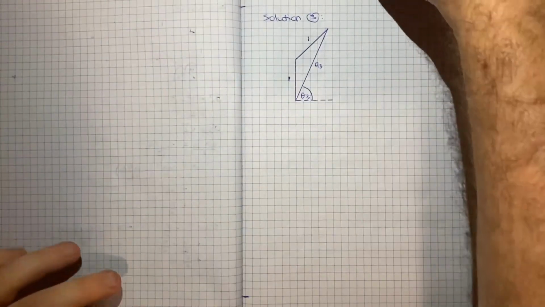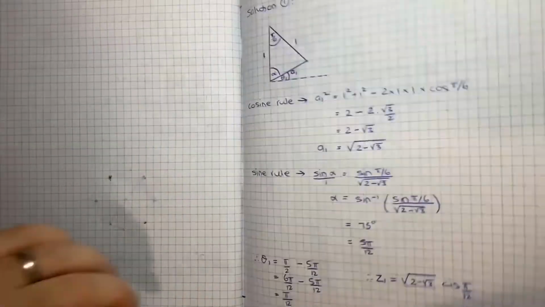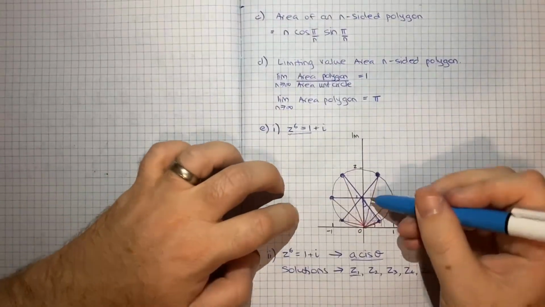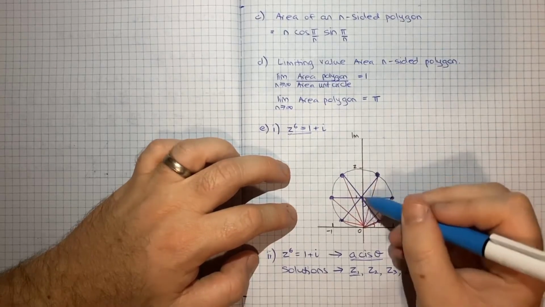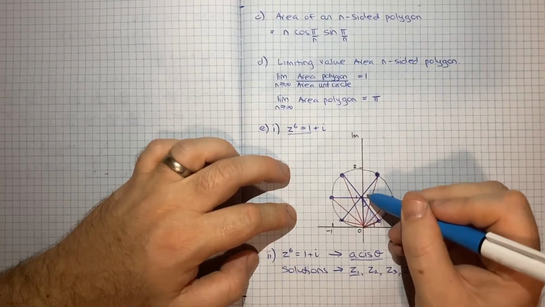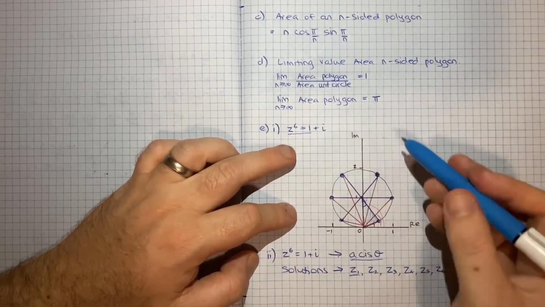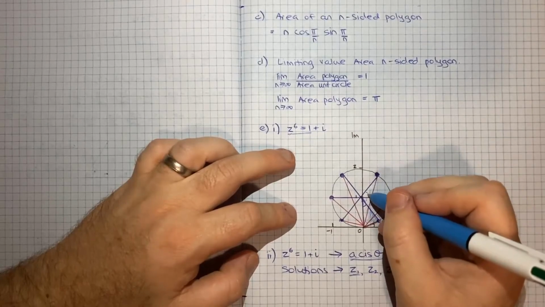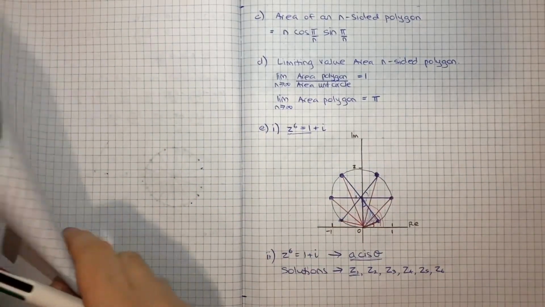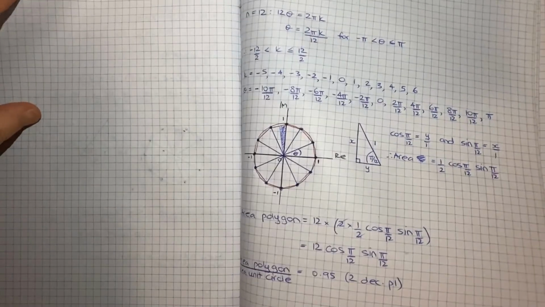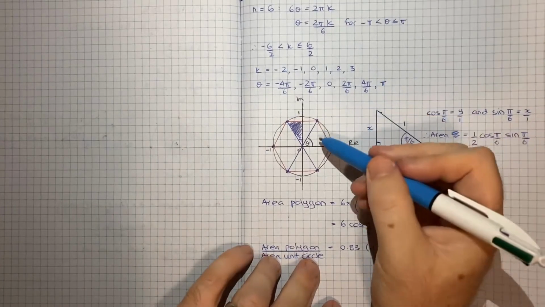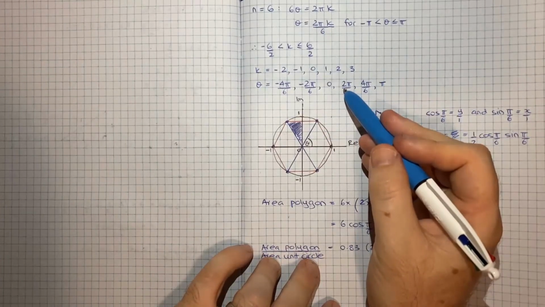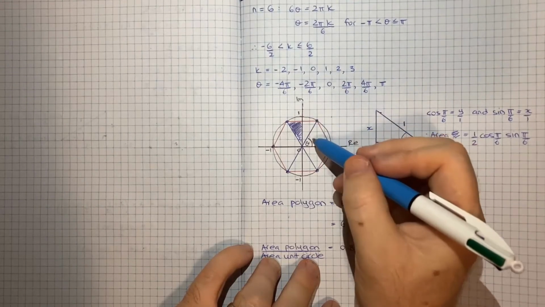And the other thing I can say is that this is 90, so this whole angle will be 90 plus essentially the argument of our original Z6, that angle there. If I come back to our Z6, this angle here, 2 pi on 6, would be our angle here.